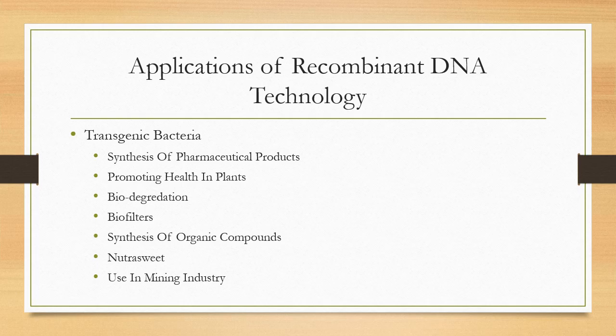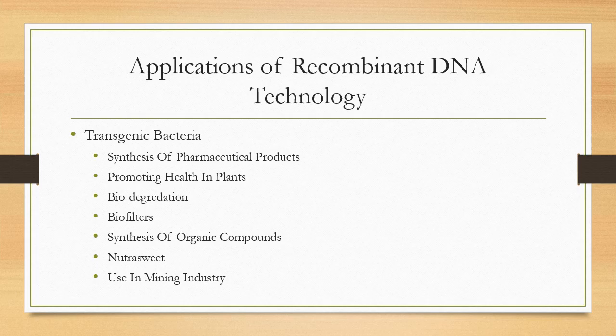And the other use of these transgenic bacteria is promoting health in plants. Transgenic bacteria are used to promote the health of plants. For example, a bacterium normally forms colonies in the roots of corn plants. Some genes from another bacterium have been inserted into these bacteria.